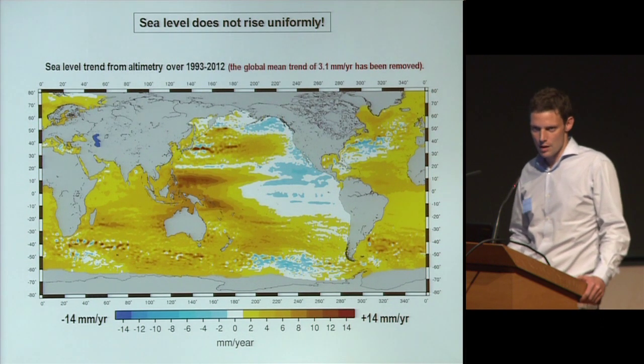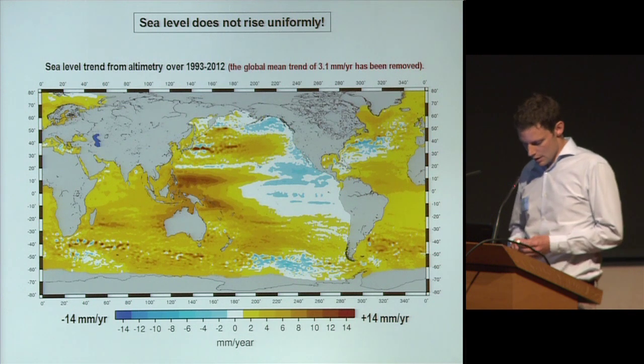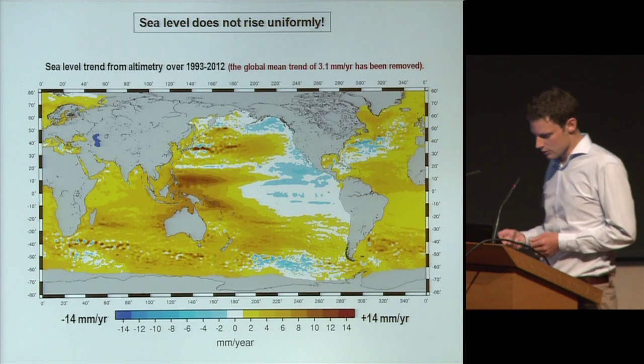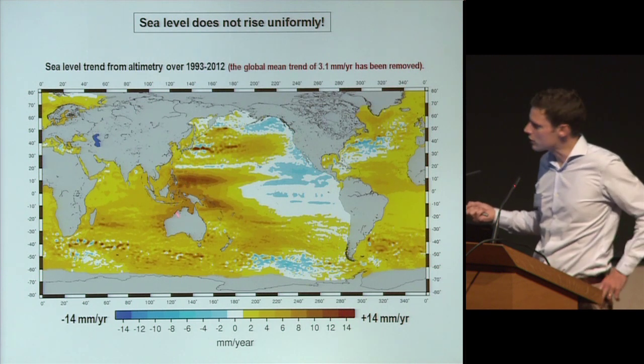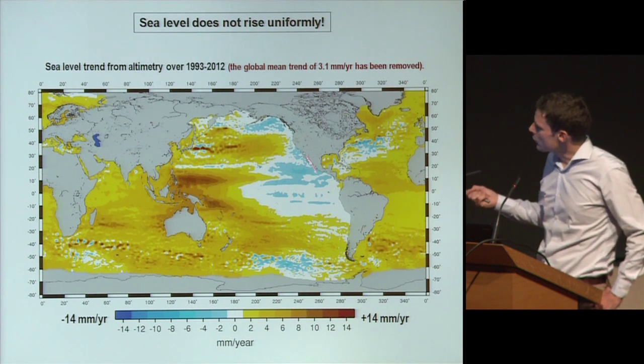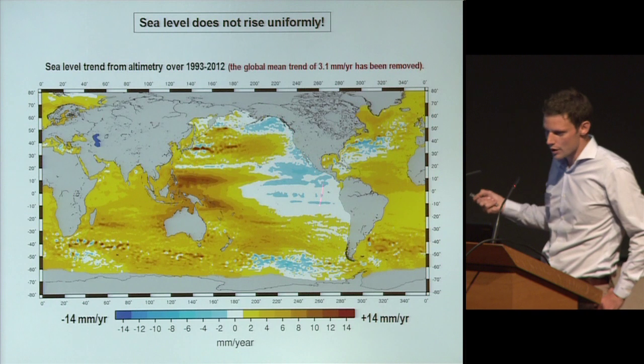And thanks to its global coverage, there is as well an important regional variability in sea level. There are places where sea level has risen at a pace which is 4 times faster than the global rise, like in the western tropical Pacific, and regions where it has hardly risen, even fall, like in the western coast of the United States.